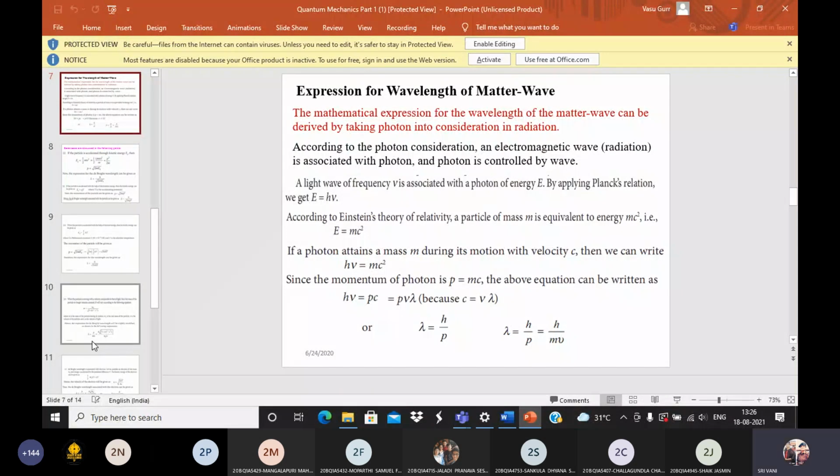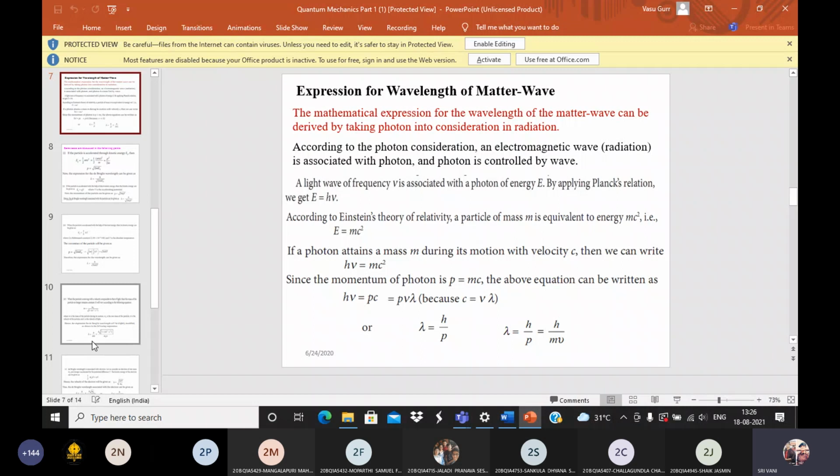If possible, we take common 10 power minus 8 or 10 power minus 10, then we get the units in angstrom units. Otherwise, our units will be meter. No problem in that also.